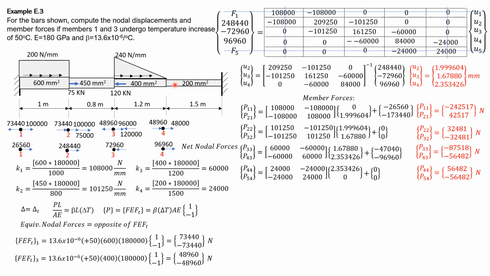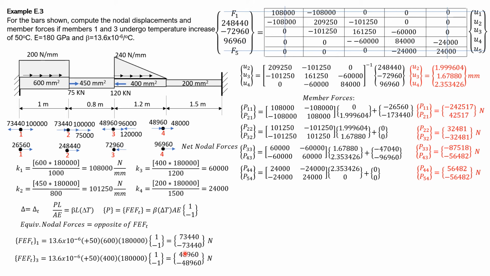Member 3 is subjected to a thermal increase of 50 degrees Celsius. So let's compute the fixed forces for member 3. So area is 400 and E is 180,000 times 1 over negative 1. So positive 48,960 newtons fixed force due to thermal effect, and negative 48,960 newtons due to thermal effect. So fixed forces rightward at left, then leftward at right.